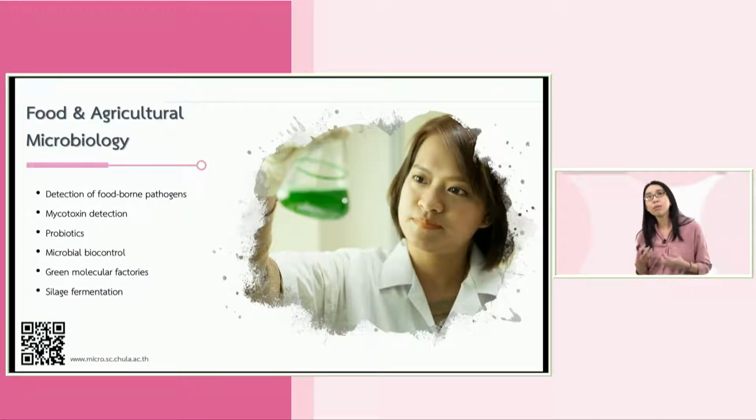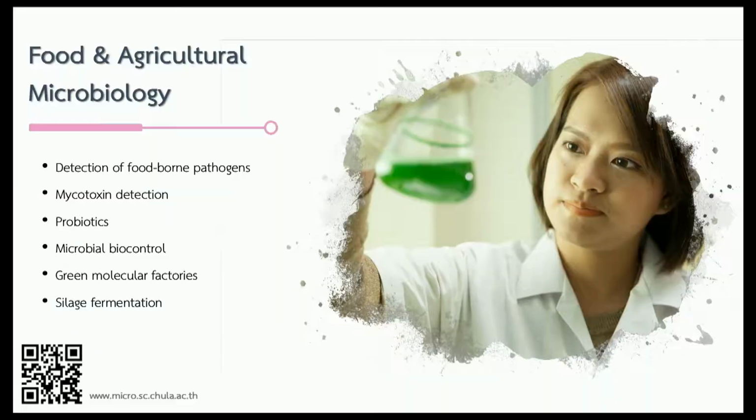As you can see on the list, we have examples of the research topics in our department. I may not have enough time to talk about all of them in detail, but I will give you some examples. First, food and agricultural microbiology: we have the development of a rapid detection kit to detect foodborne pathogens, and the use of microorganisms for biocontrol.